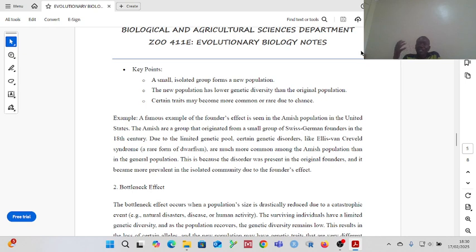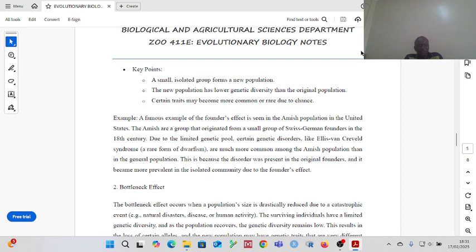There are some rare forms of dwarfism, which are far more common among this population than in the parental population it came from. So the disorder was present in the original founders, but it has become more prevalent in the isolated community due to the founder's effect.